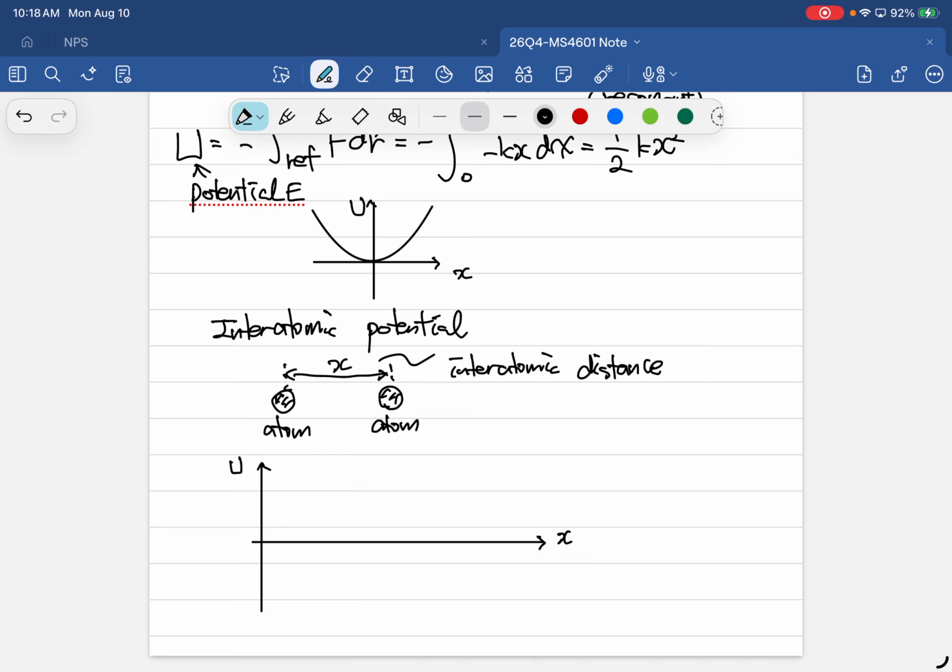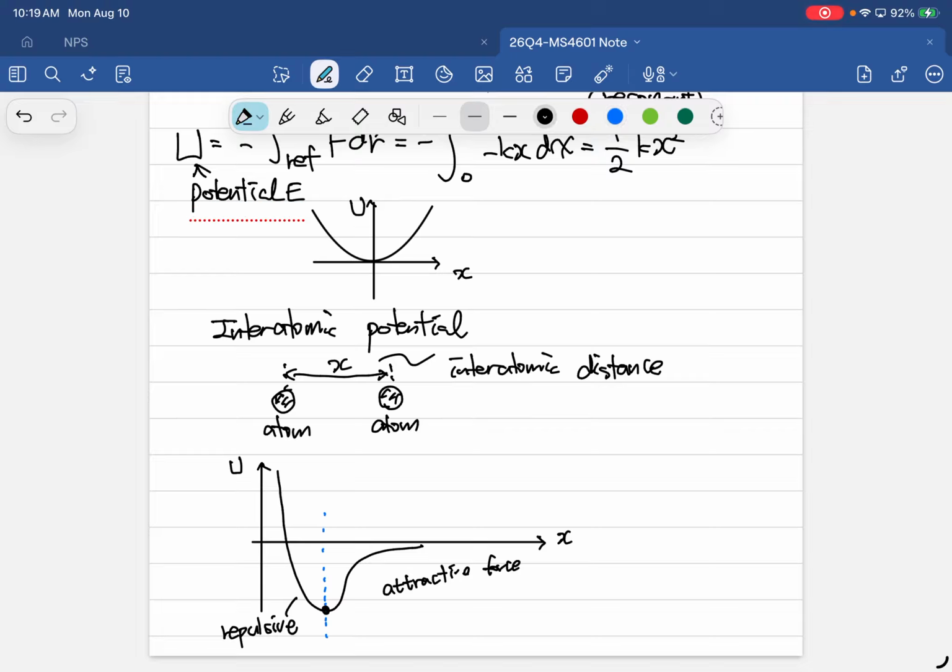That is how atoms find the equilibrium position. There is some range where the attractive force is dominating, and here is the repulsive force. These two forces interact with each other, and there is a sweet spot here, based on the lowest energy in this case.